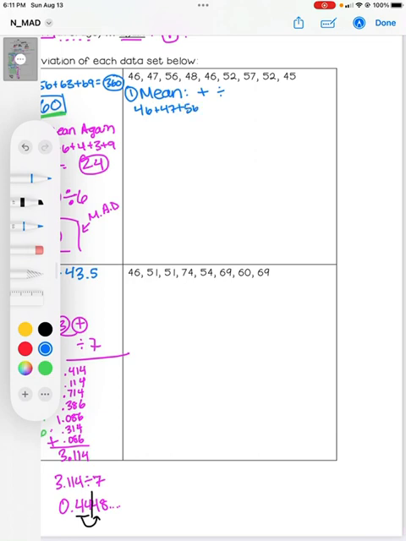Plus 48 plus 46 plus 52 plus 57 plus 52 again plus 45.